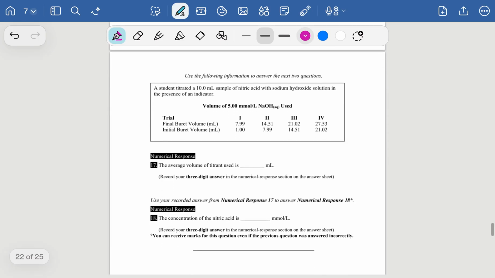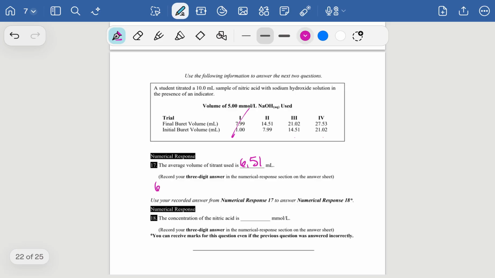Question number 17, another titration question. So again, this is getting very familiar. Just like the other ones, in the end, you wouldn't include the first volume. You'd figure out the other three and see that the average volume is 6.51. Then when you're doing your calculation, you would take your average volume and turn it into liters.